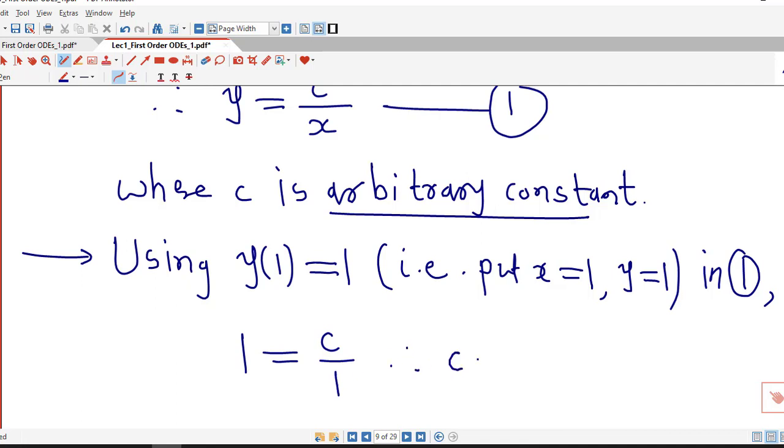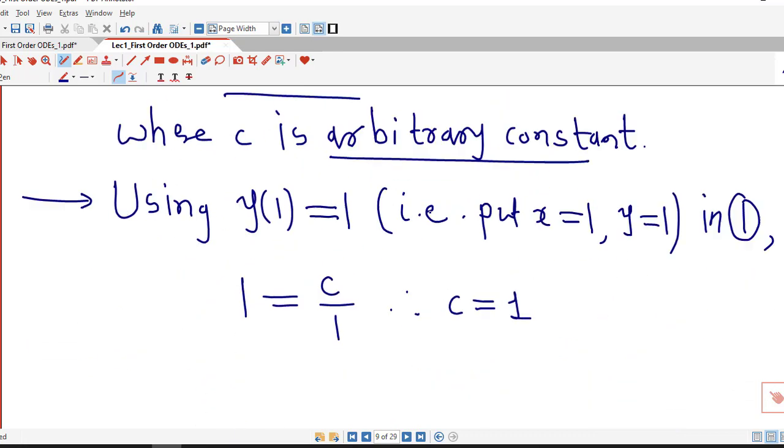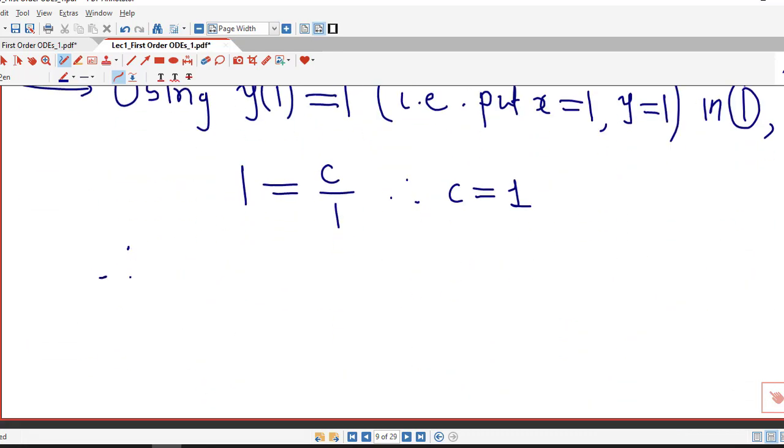So from this we obtain that value of arbitrary constant which satisfies this initial condition is 1. So now we put value of arbitrary constant which we obtain in this equation 1, and we obtain the required solution.